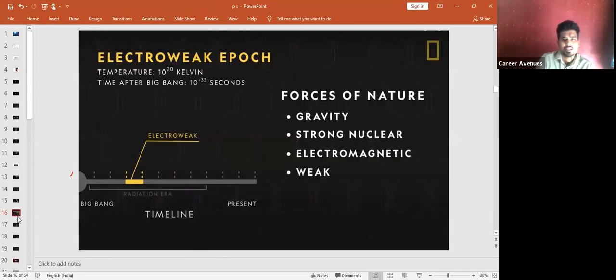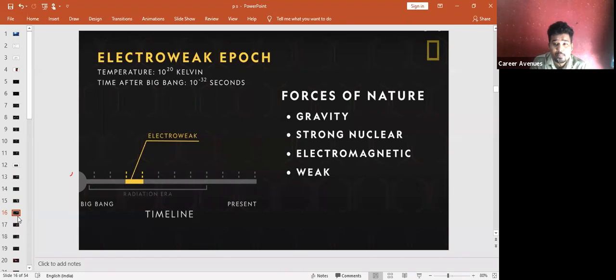Now here in the electroweak epoch, we have now all the forces. Initially we have gravity, now we have a strong nuclear force which can form the nucleus of an atom. We have electromagnetic force. We know that electrons revolve around a nucleus in a closed path, and since an electron has charge on it, that means a charge is moving in a closed path, and whenever charge moves in a closed path, it produces electric field and magnetic field.